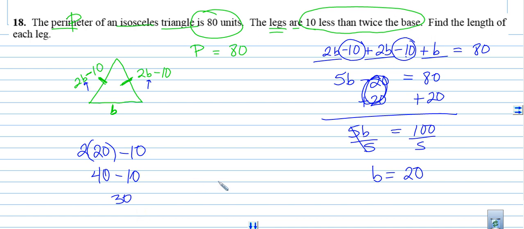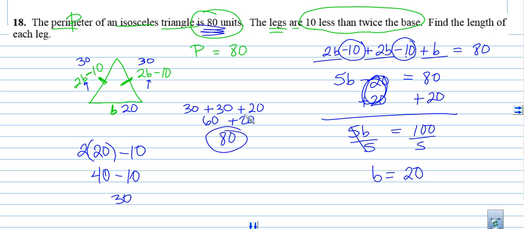Now we go back and we check, and you'll get 30 plus 30 and then 20. 30 plus 30 plus 20 is 60 plus 20, which is 80. And if you look back, what was the perimeter again? 80. So we know we did it right. You always need to check.